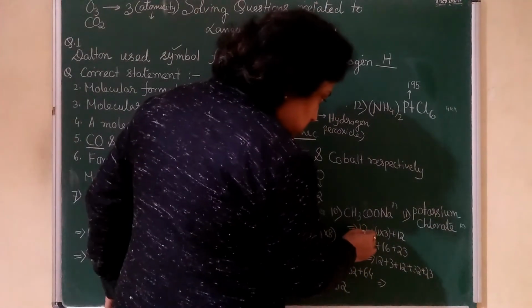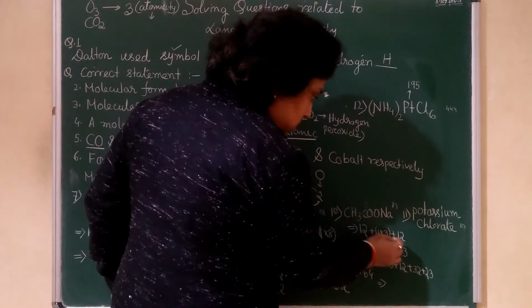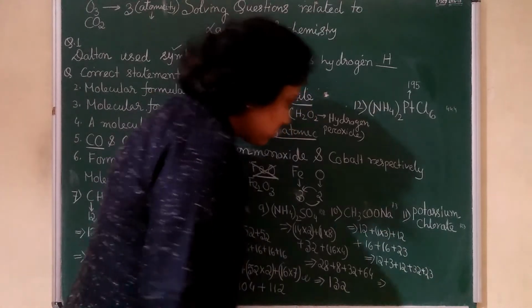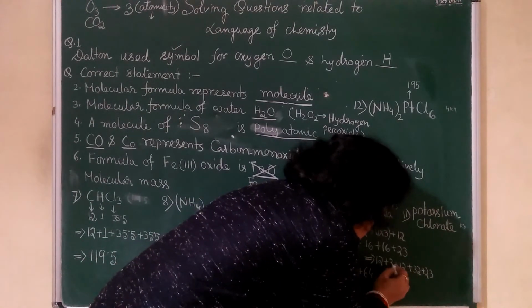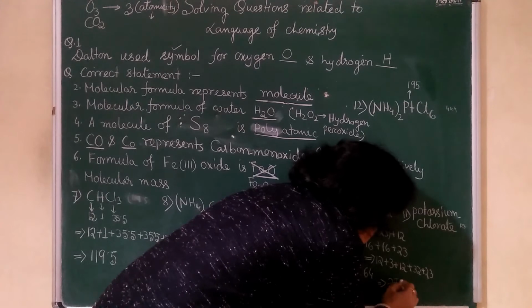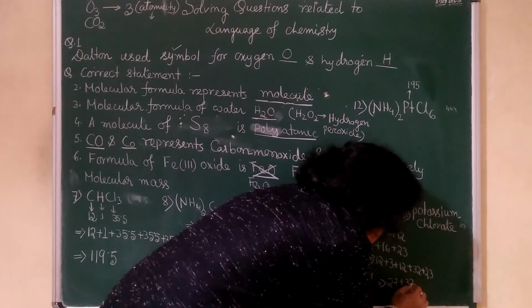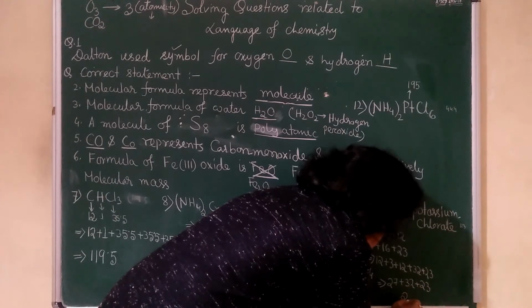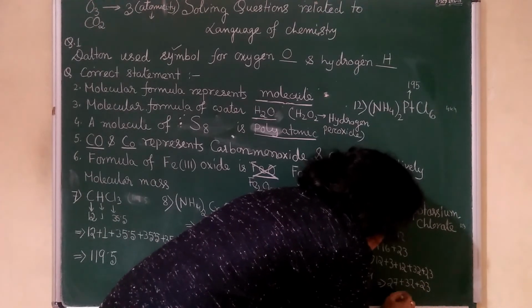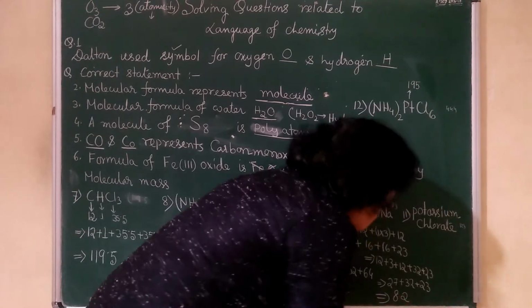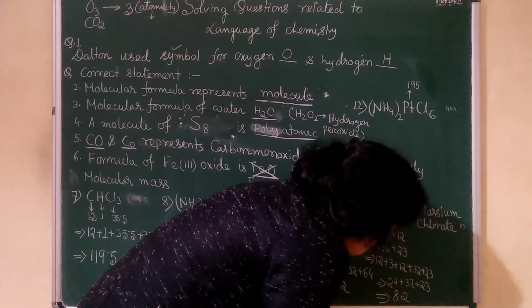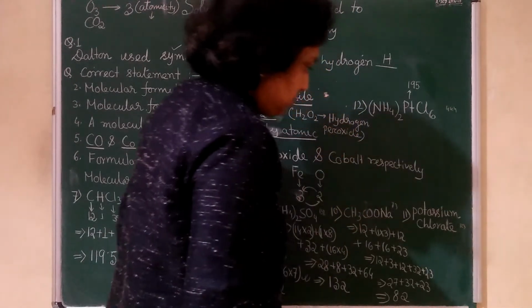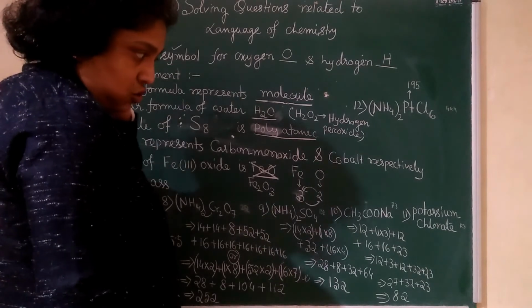Correct? 12, 3, carbon is 12, 16, 16, 32, 23. Yes. 82.